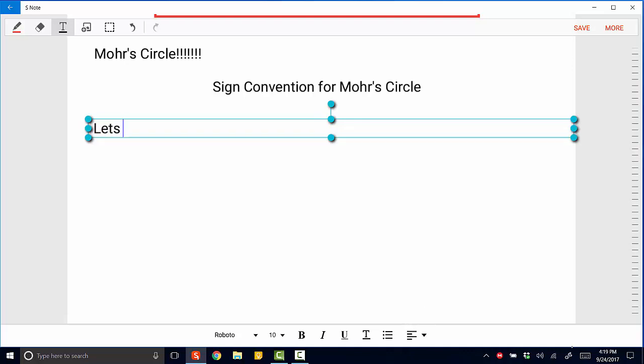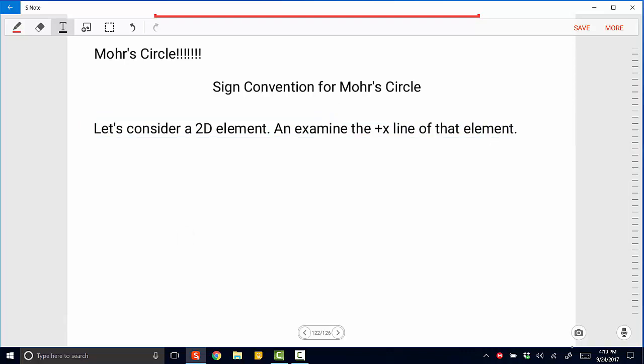Let's consider a 2D element and examine the positive x surface or line of that element, right?